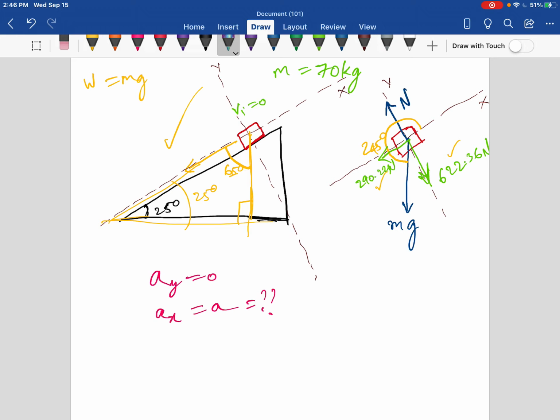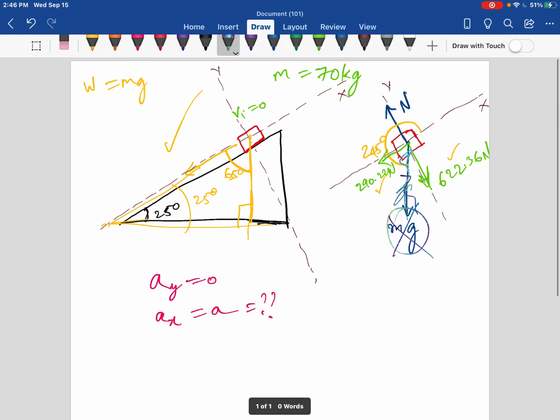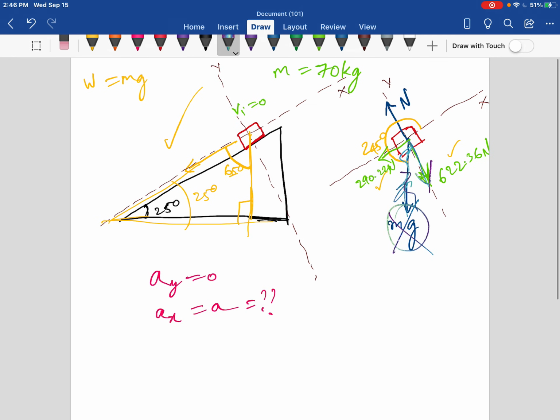As soon as you split this vector into components, you can completely ignore the original vector in your equations. This should not come up. Now you only have three things. One is this down here, one is this to the left, and the other one is this.